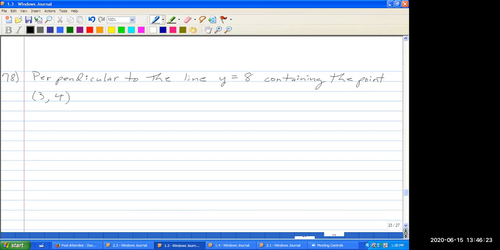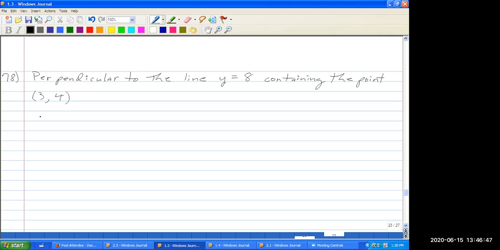Again, we're going to do the same sort of thing. Recall in problems 53 through 78, find the equation for the line with the given properties. Express your answer using either general form or the slope-intercept form of the equation of a line, whichever you prefer. So this is going to be perpendicular to this line.